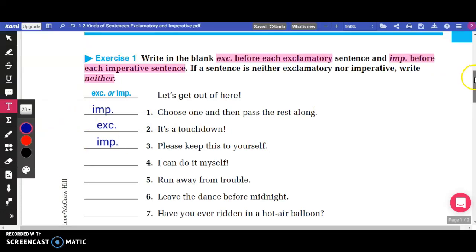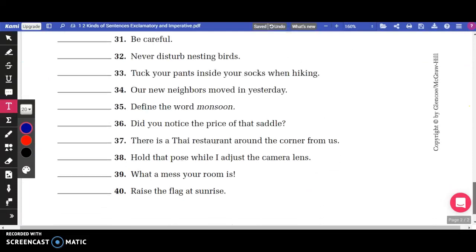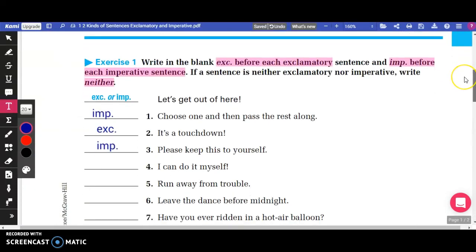And this is going to go on for 2 pages. There are 40 questions. I do want to show you one that is neither. So we are going to take a look at number 7. Have you ever ridden in a hot air balloon? This is a question. And what kind of sentence is a question?